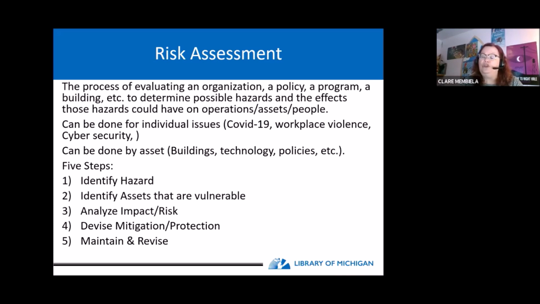And then you can also look at your library policies as a risk assessment. Are our policies legal? Are our policies enforceable? Is our staff adequately and properly enforcing our policies? So there's lots of different ways you can look at a risk assessment, and it can easily get extremely overwhelming.